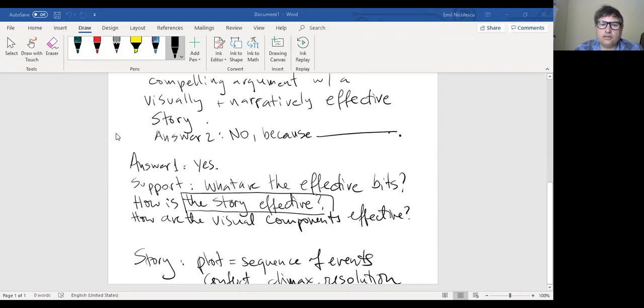And so now you take notes for supporting an effective story argument in the film. And then you just start watching the movie. And so here we go. Let's watch the movie together and take notes on it.